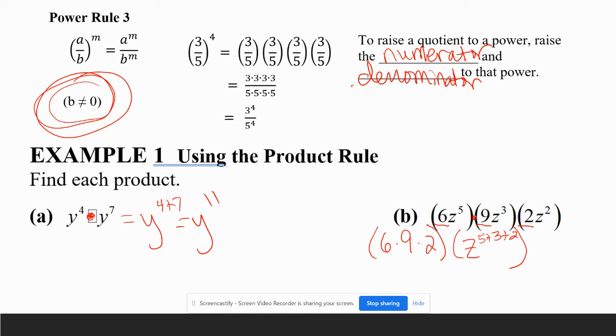Again, we're adding because this is a product. We're multiplying there. We're using the product rule. 6 times 9 times 2 is 108. Z to the 5 plus 3 plus 2 is 10. So 108 z to the 10th power.